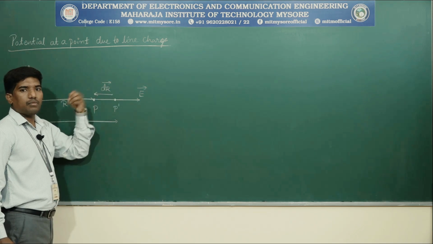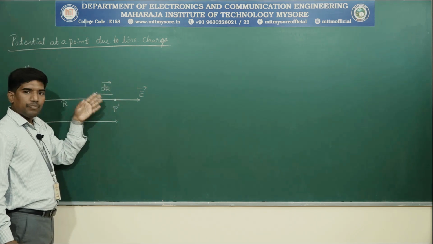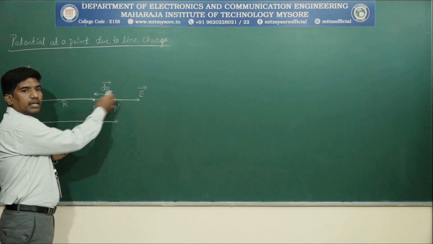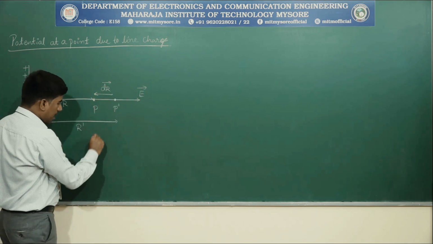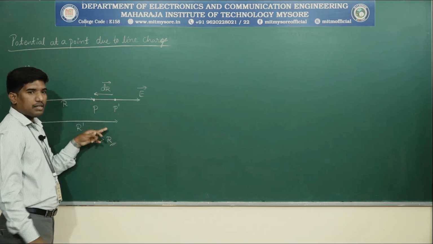We cannot move any charge from infinity to a particular point. To avoid that problem, we are moving a charge from P dash to P in the opposite direction to the electric field, where r dash is greater than r.